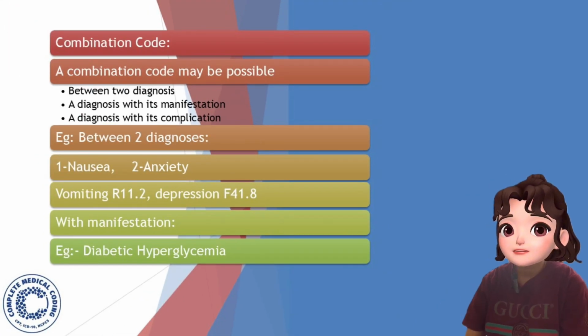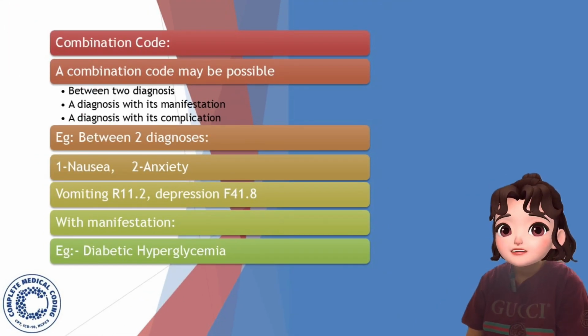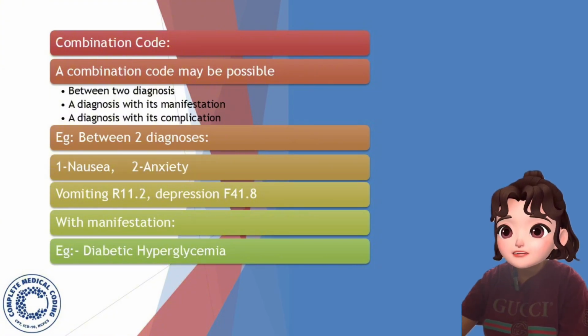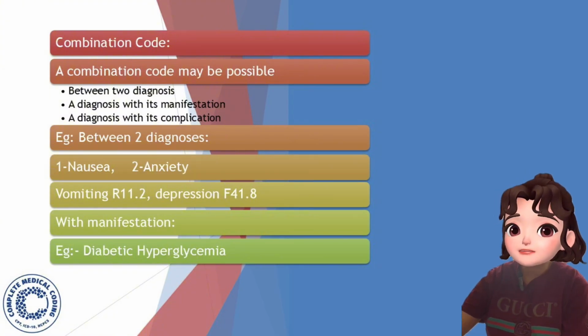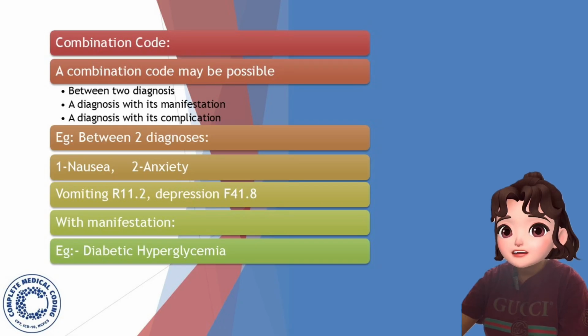Now, combination code. A combination code may be possible between two diagnoses, a diagnosis with its manifestation, and a diagnosis with its complication.